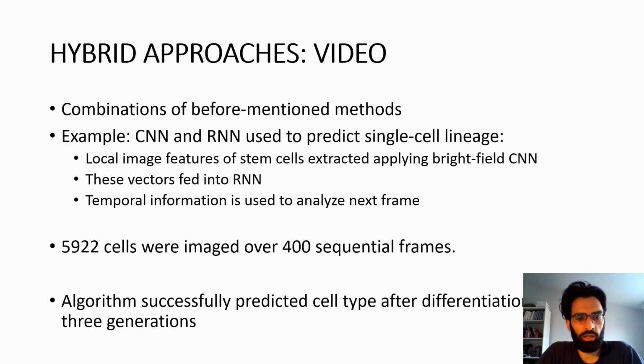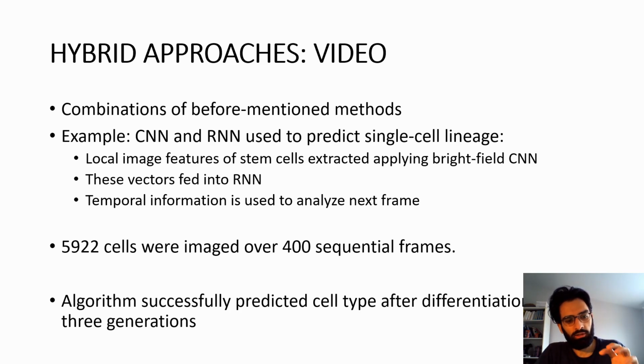How they did it was they took local image features out of stem cells by extracting bright field CNN. After this, they get bright field vectors of the cells. Then these vectors are fed into the RNN process, and this temporal information that is collected is used to analyze the next frame, the possible next frame in the video.